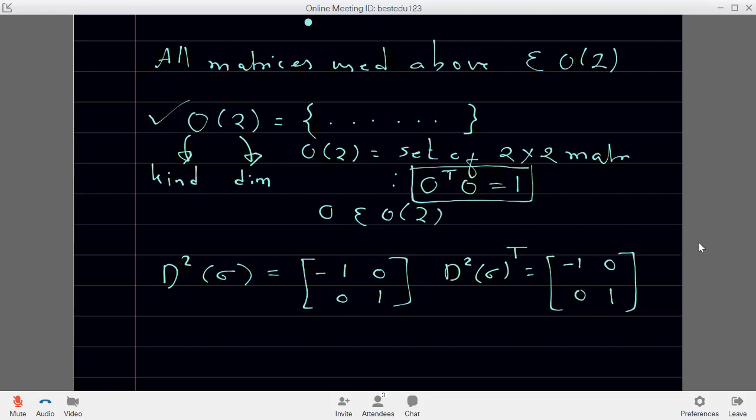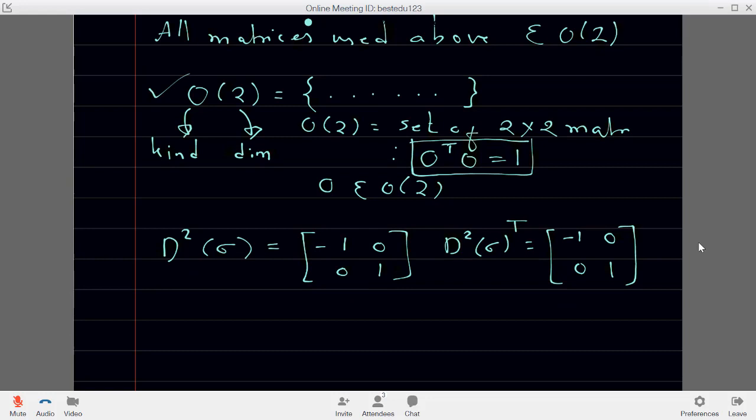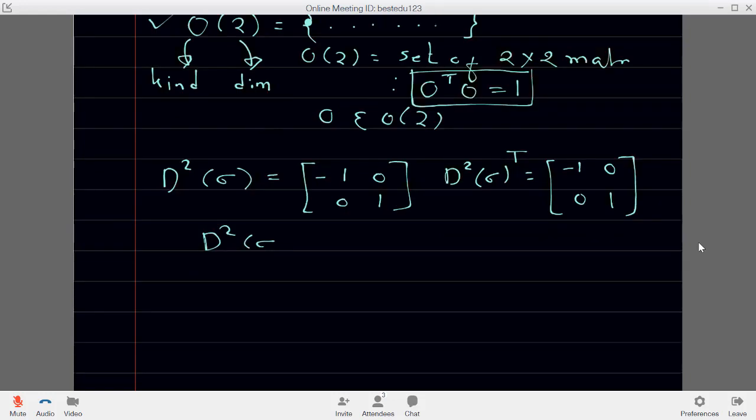Now do this: D2 sigma transpose times D2 sigma, and what will you get? Are we getting 1? Yes, we should get the identity matrix.